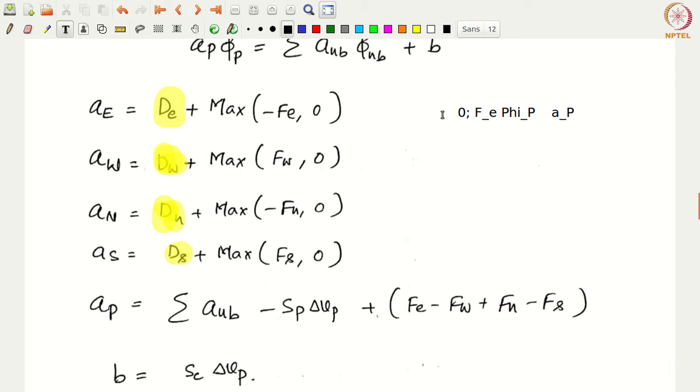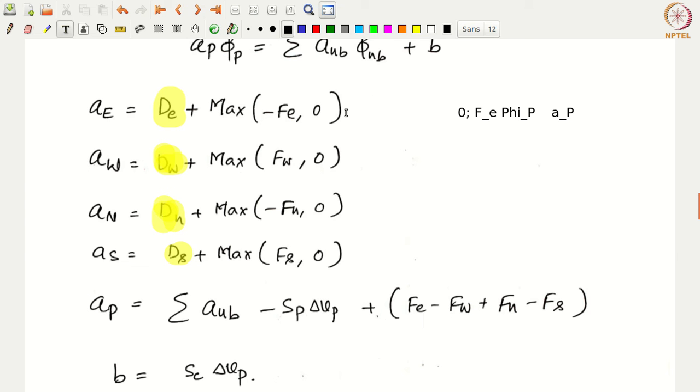So we add FE here in the AP equation. This brings in only DE, so DE goes in here, minus SP delta VP plus FE. I'm only focusing right now on the east face, so I'm only looking at A east and AP.